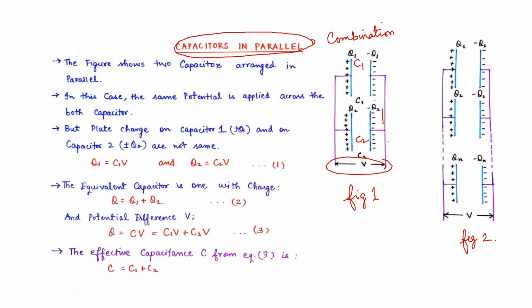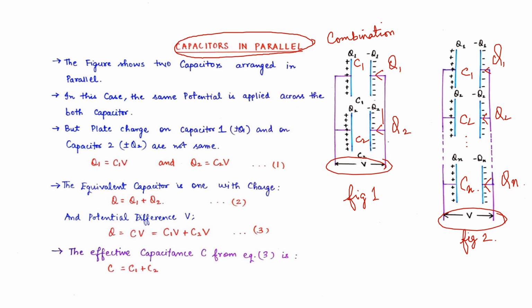So this is having a charge Q1 and this is having a charge Q2. Now in this combination we have C1, C2 up to Cn. This one is having charge Q1, this one is having charge Q2 and this one is having a charge of Qn, but the potential across all is V, the same potential. This is clear, I hope so.